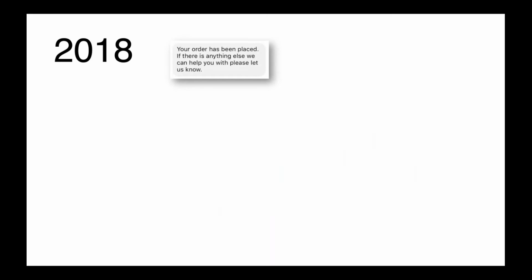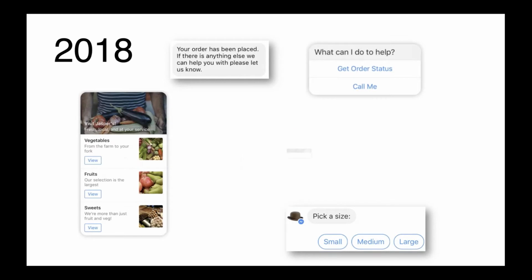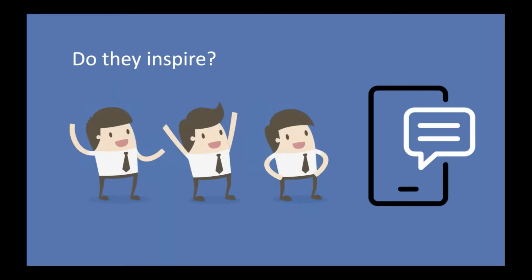We built conversational interactions with a workbox that included text, buttons, lists, rich cards, carousels, and attachments. And on Messenger, we see a variety of these visual components used all the time, but we see them less commonly in other chat interfaces on websites, for example. So these visual components are great tools, but do they inspire our users? That's what we want to talk about today.